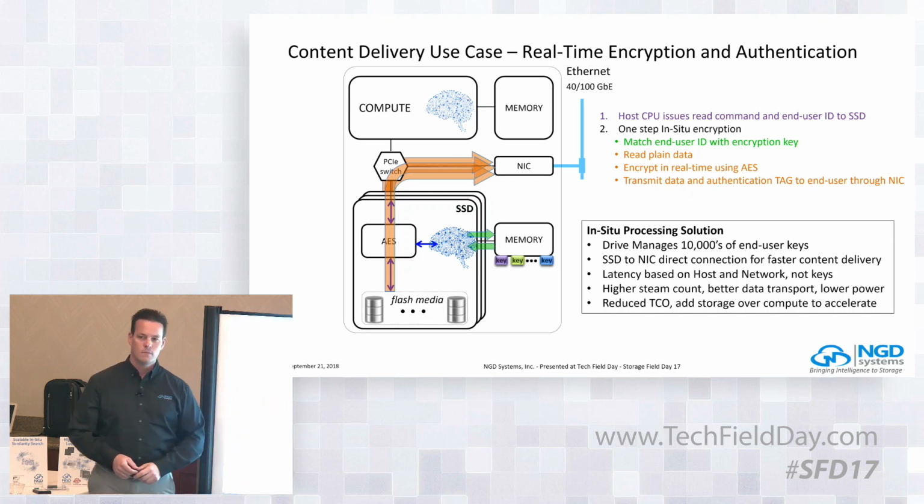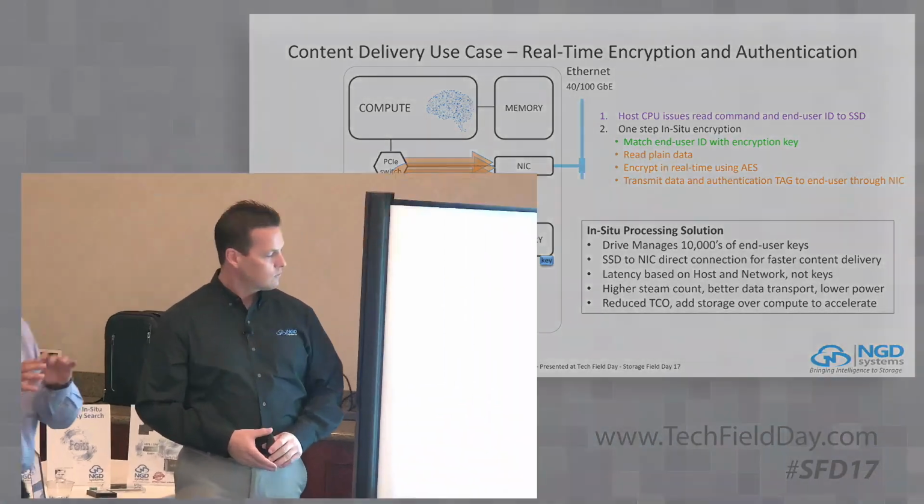So to add to that, all the SSDs on the board so far have the encryption engine for self-encrypting. They encrypt on the way in, they decrypt on the way out. So what we have implemented is a special mode of AES 256 that, other than doing encryption on the way in and on the way out, or encryption for the data at rest, we are also doing encryption for data in motion.